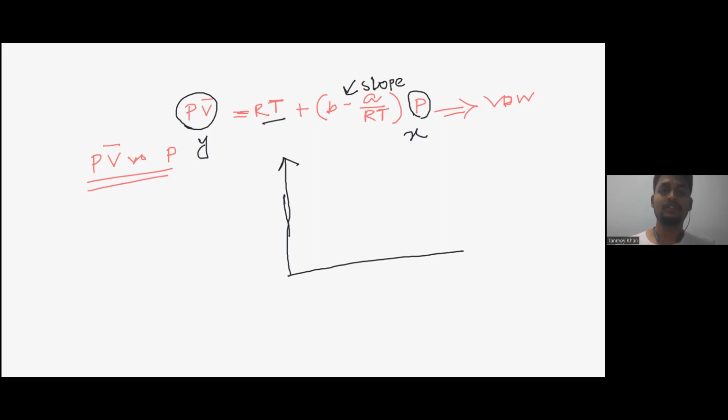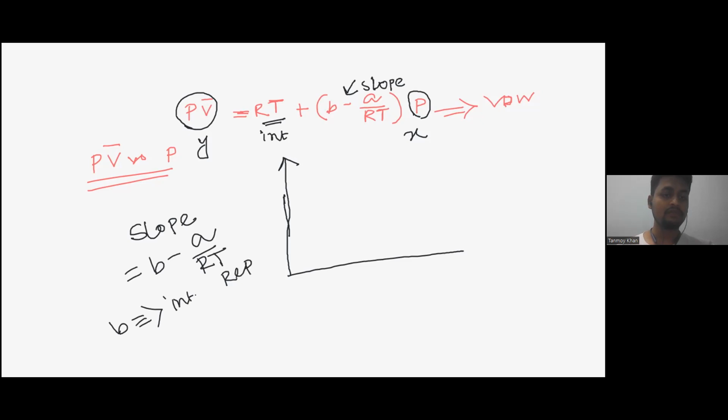And this is your intercept. So now you see your slope is B minus A by RT. You know, B is the intermolecular repulsion parameter and A is nothing but the attraction parameter.